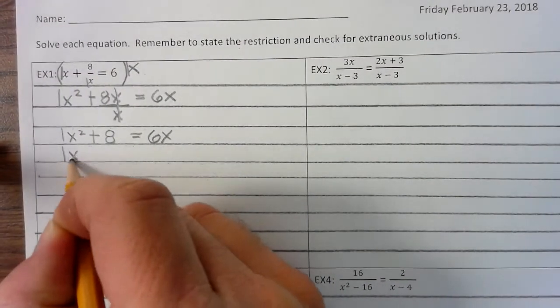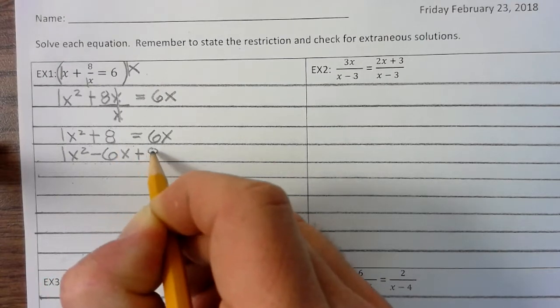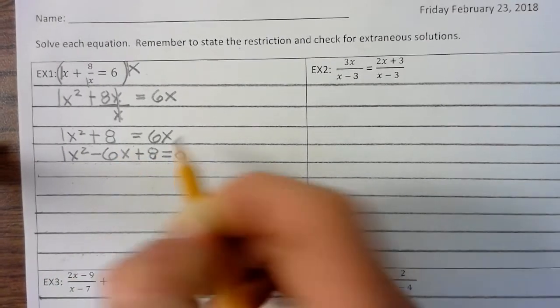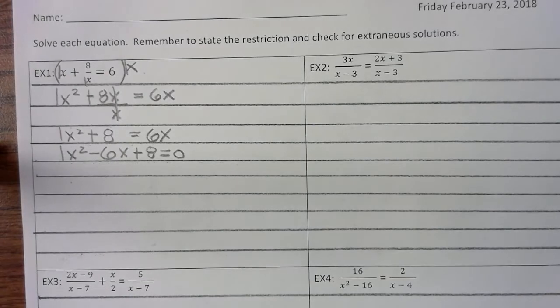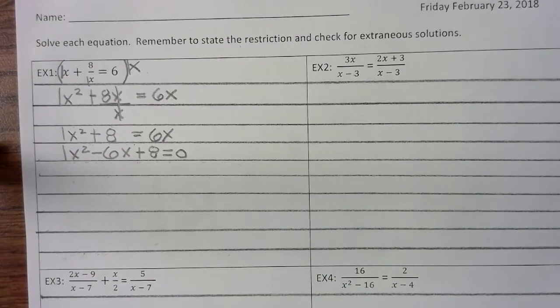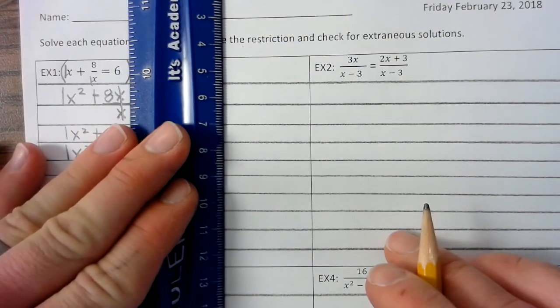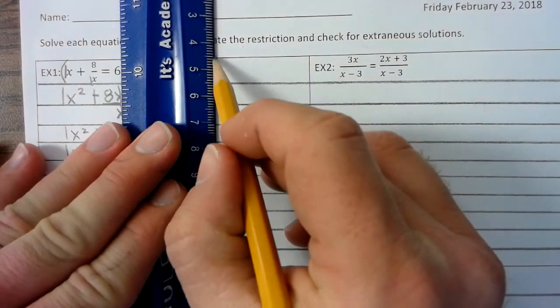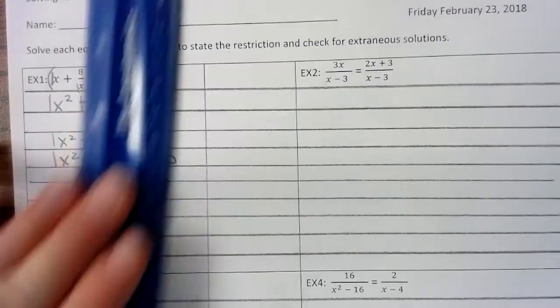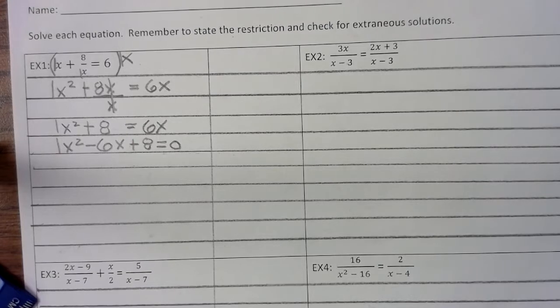So we have 1x squared minus 6x plus 8 equal to 0. One of the things I recommend doing before you go even further is I'm going to draw a line about here all the way down, so that way you force yourself to leave space to check.